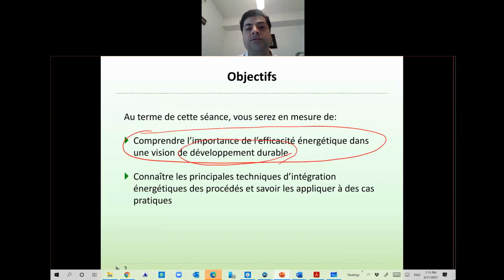In this context, we are hopeful that at the end you understand the principal techniques in process heat integration and how they can be used to make your process energy efficient, or in other words, your process follows a very efficient integrated heat consumption.